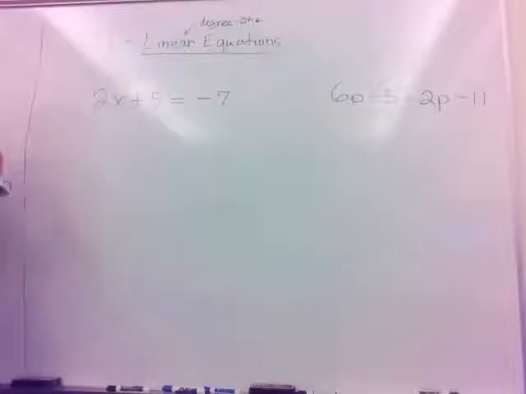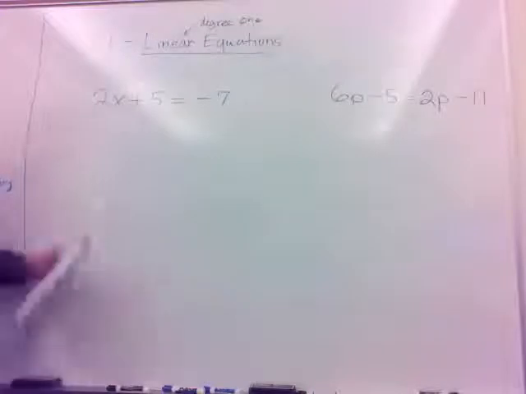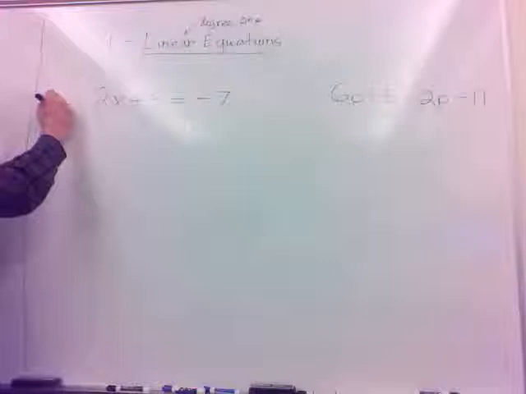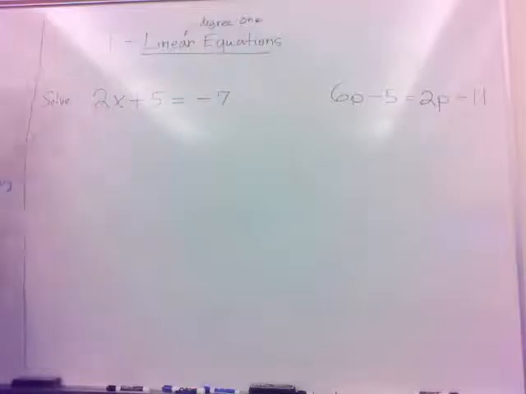So we want to talk about solving different linear equations in this case. You're probably somewhat familiar with that, but let's just go over the basic ideas. Let's start with the first example here on the left: 2x plus 5 equals negative 7.